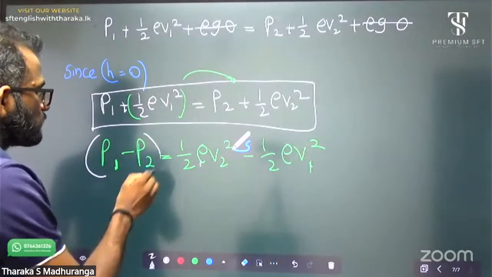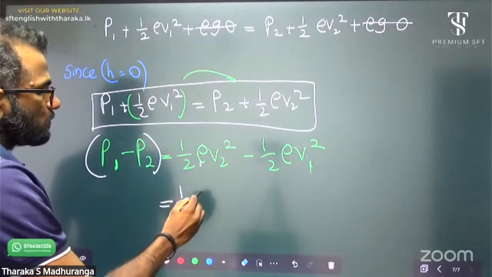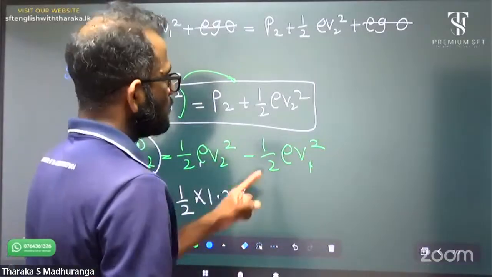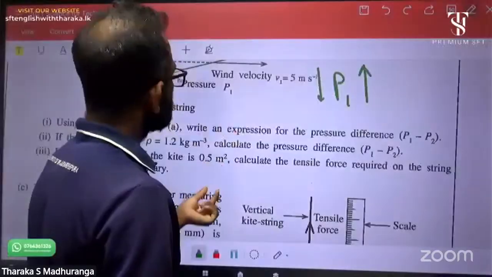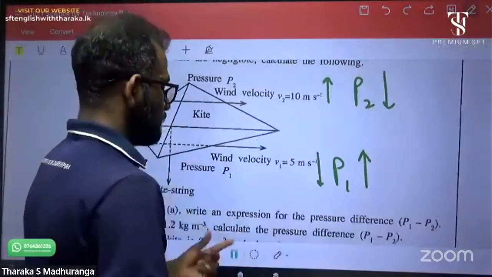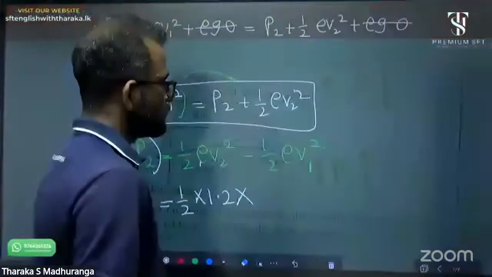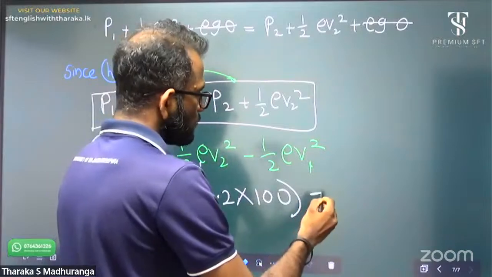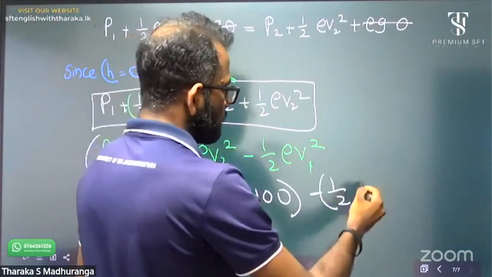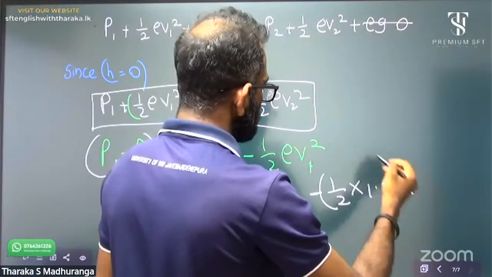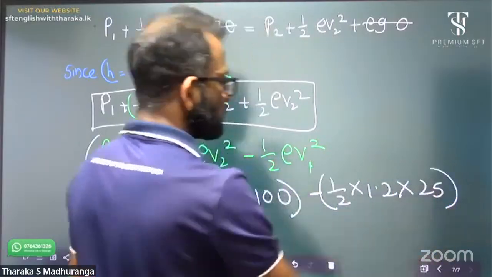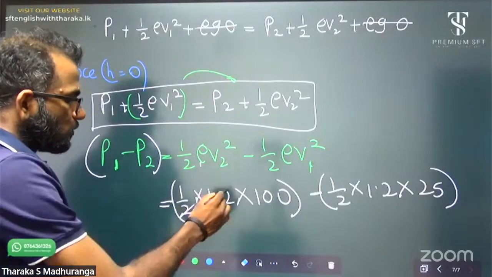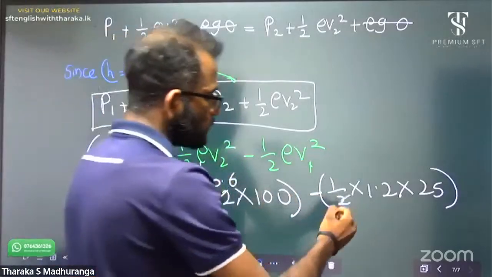Half rho means 0.6 times V2 squared. V2 is 10, given in the question, and 10 squared is 100, minus half of 1.2 into 5 squared, which is 25. Very simple, it is a Bernoulli's theorem calculation. That one also is 0.6.